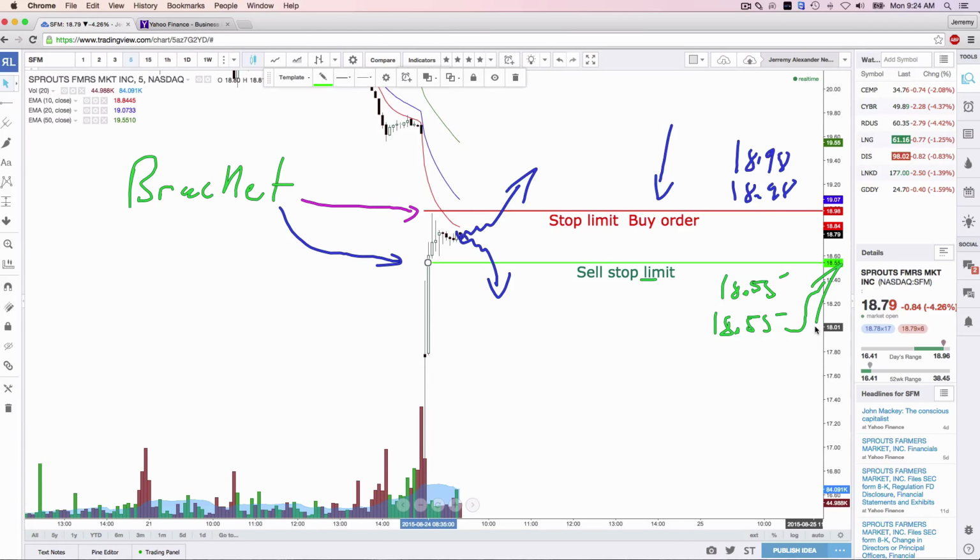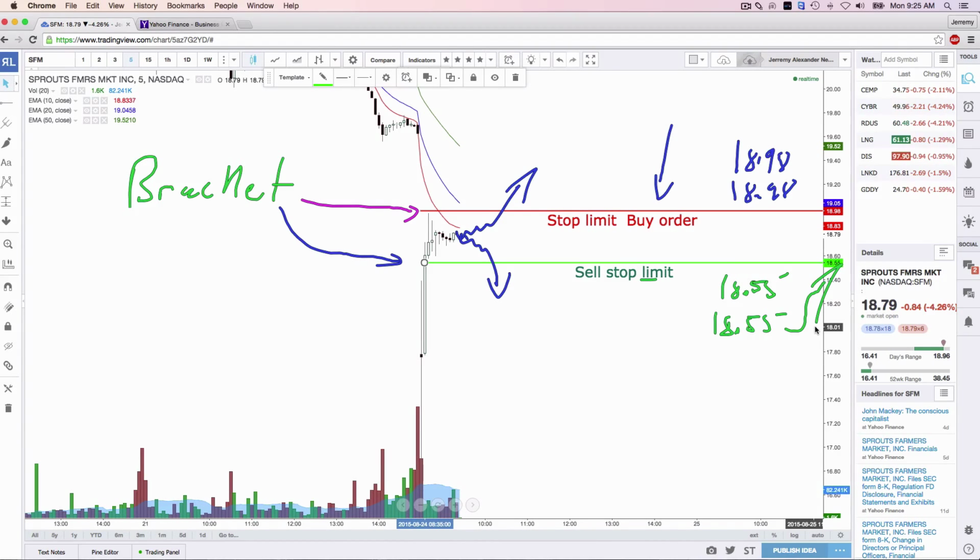And slippage is simply getting filled at a price that you did not want to get filled at. So if you do a sell stop and you do it at market, whatever the market is trading at, you can get filled for. So if the stock has a crazy bid-ask spread like they did this morning, and you want to get filled at $18.55, but in fact you get filled at $18.40, well, that's 15 cents difference. It's a big deal.